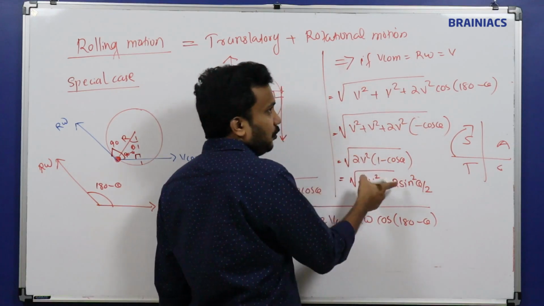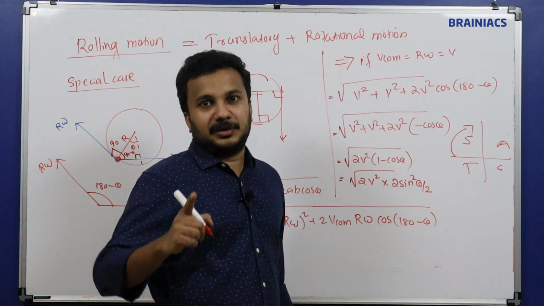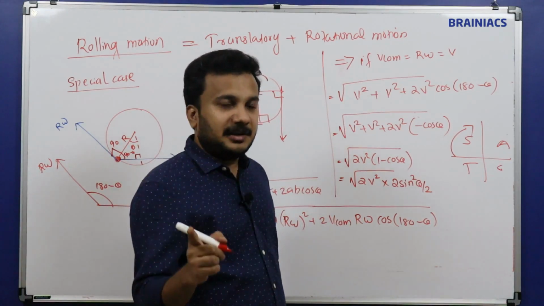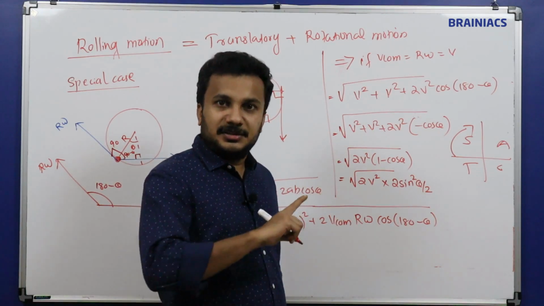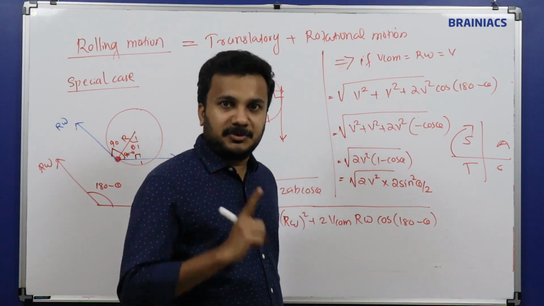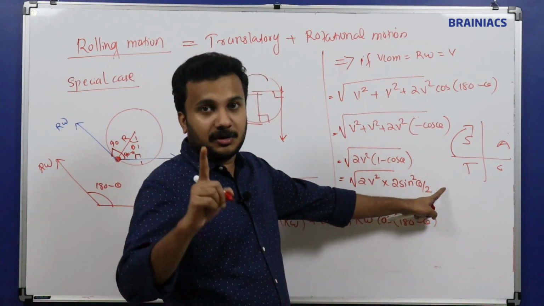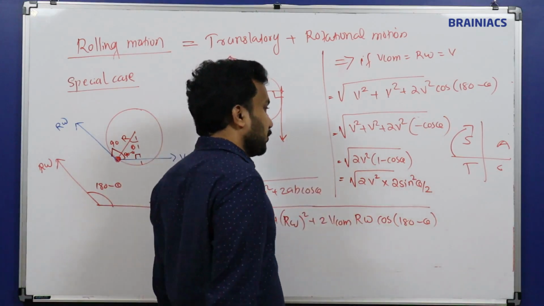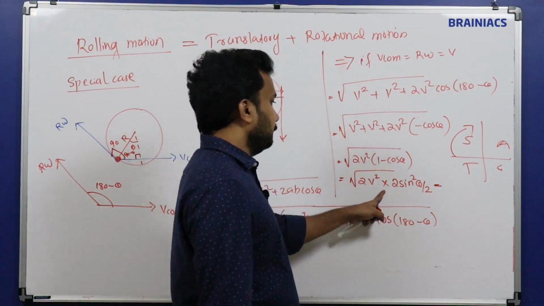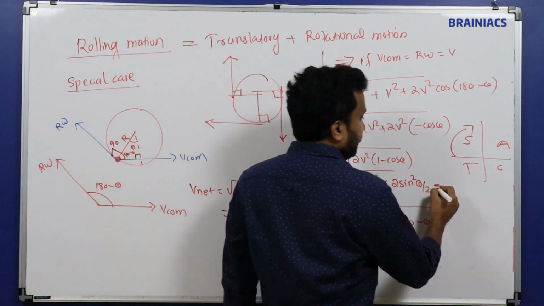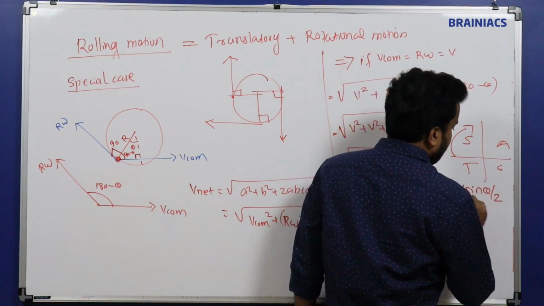These are standard trigonometry formulas. In case you don't know, please have a look at your 11th or 12th mathematics, or the second option is to just Google the basic trigonometry formulas. You have to remember such formulas, else you will get blocked at some point, maybe for at least one or two questions. So please take care. So 2 and 2 become 4, so root of 4V square gives 2V sin theta by 2 as the answer.